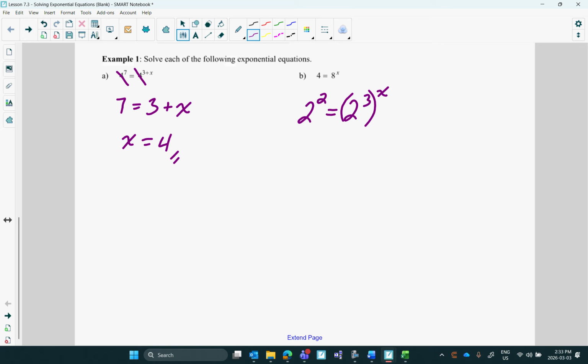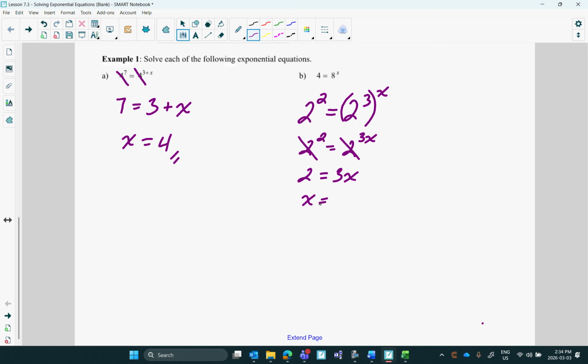Well, I can use an exponent law to simplify the right side of the equation. What's an easier way to say this? 2 to the 3x, because when you raise one power to another, you multiply the exponents. Bases are the same, so I can solve what's left.